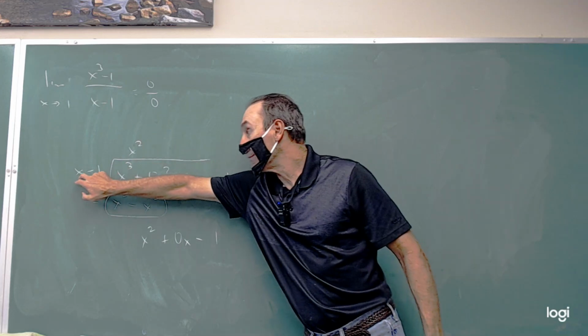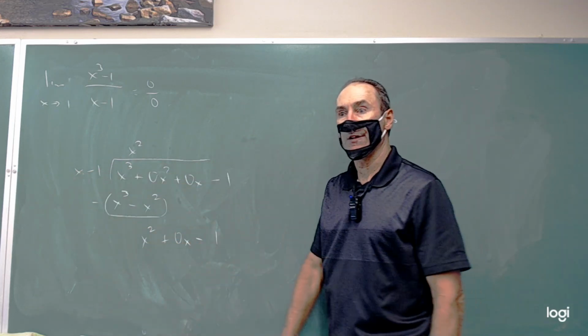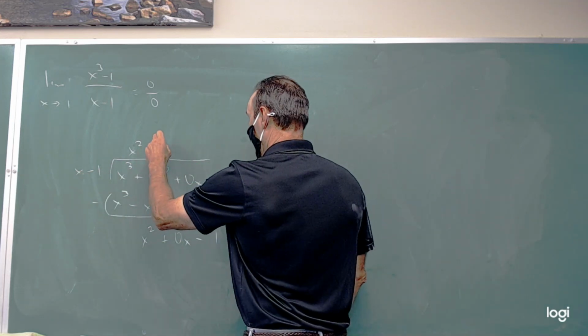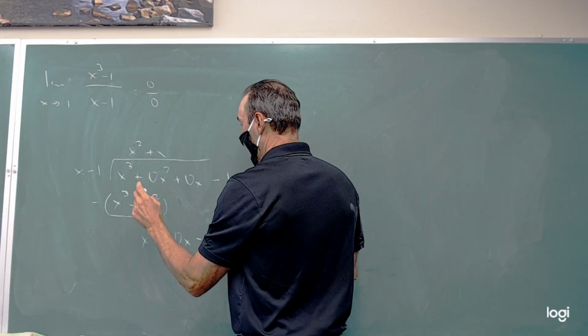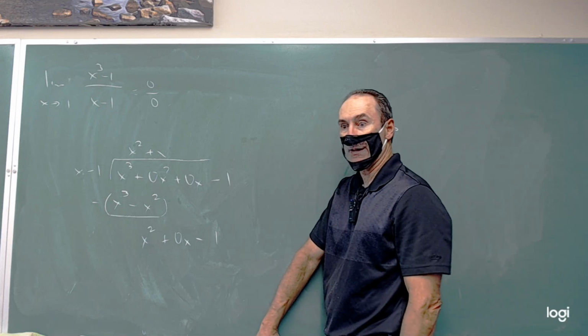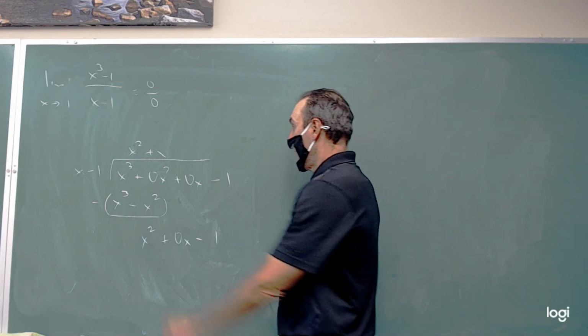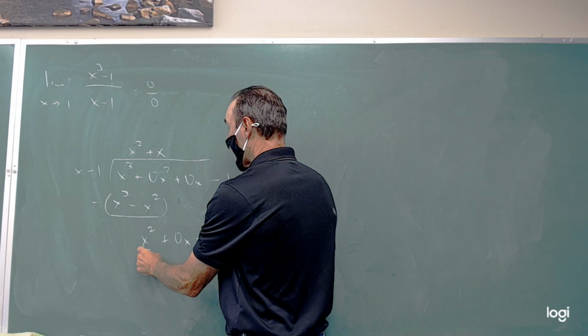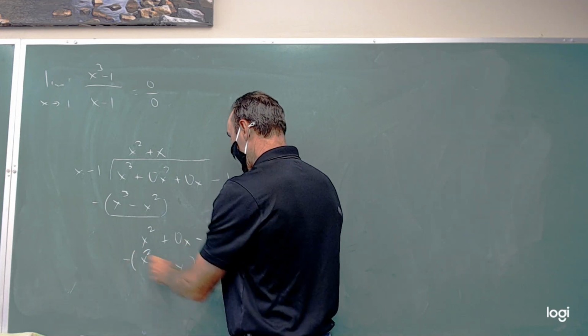What times x is x squared? X. Isn't it a negative x? But we want a minus negative. Oh, yeah. Okay, so remember we're subtracting that. So we go with an x. So x squared minus x, and remember we're going to subtract that quantity.